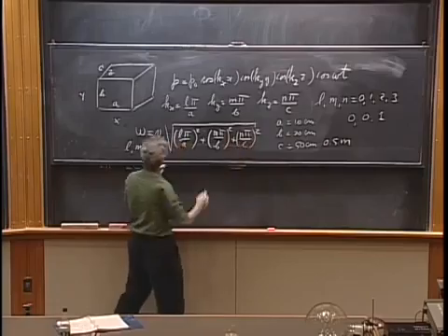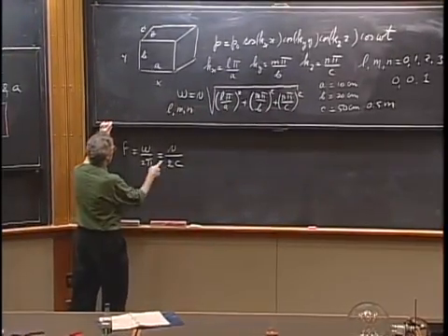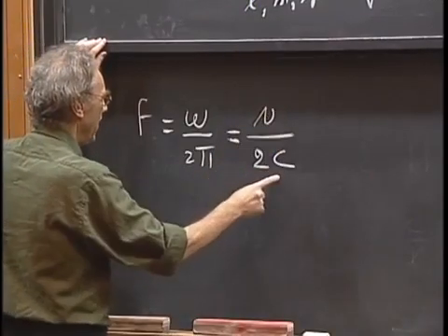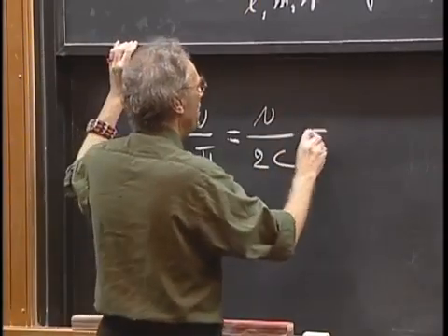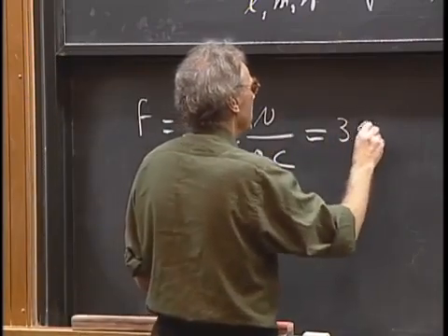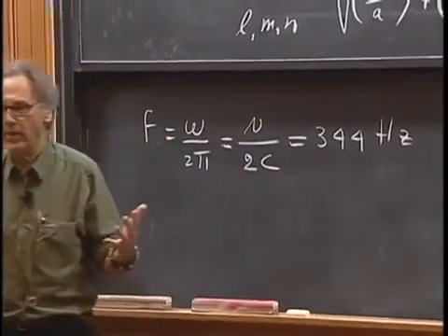This is 0, so I get 1 over c, and the 2 comes from this. So the frequency, that is the lowest possible frequency, is v divided by 2c. c being now half a meter, and so if v is 344 meters per second, then the lowest frequency is 344 hertz. And I proudly demonstrated that to you.